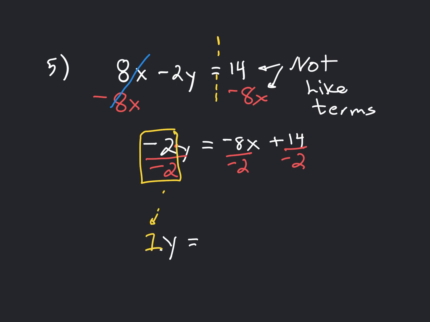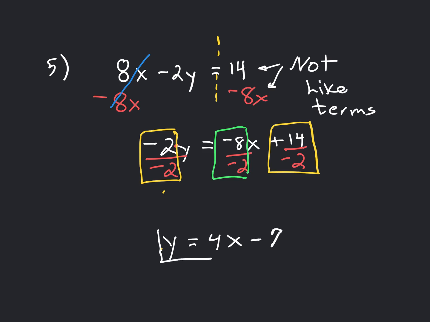And 1 times y is just y. And then negative 8 divided by negative 2, isn't that a positive 4? Don't forget your x's. And then a positive 14 divided by a negative 2, isn't that a minus 7? Now we have it in y form, and that is called slope-intercept form.